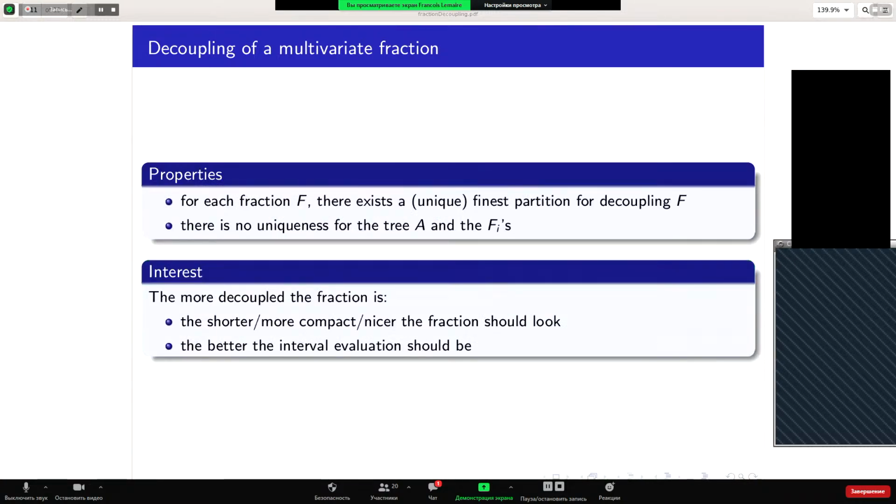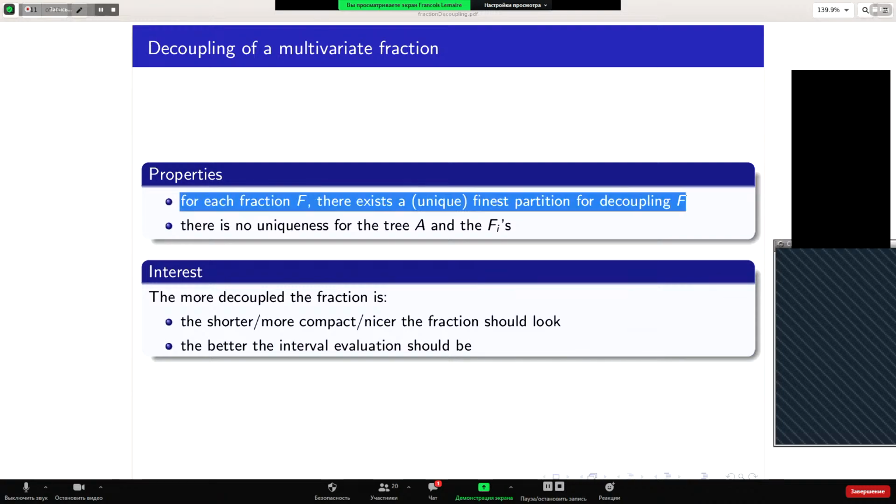Okay, so you have some properties, and the most important property is that if you have a fraction, you can properly define a finest partition for decoupling the fraction. It means that you can split the sets of variables, and if you do that in the finest possible way, you get a unique partition.